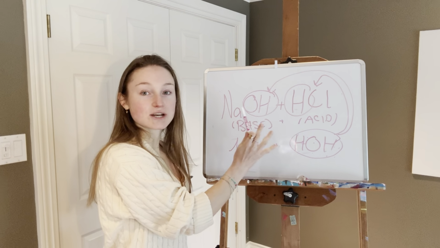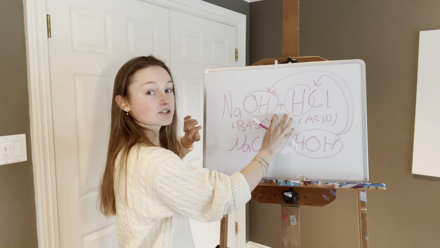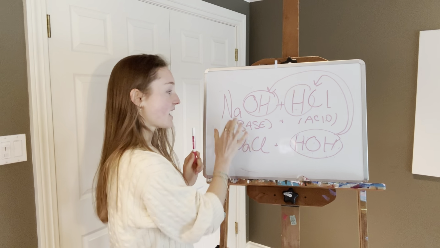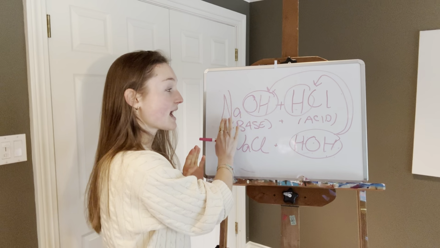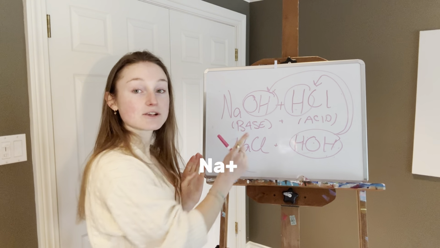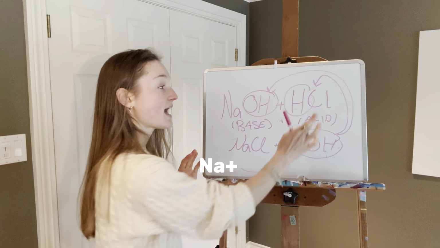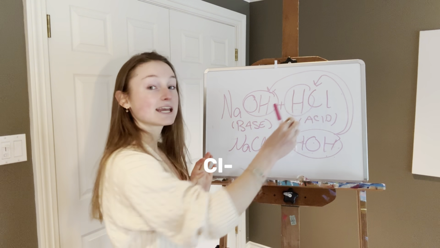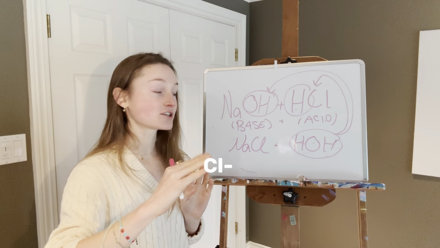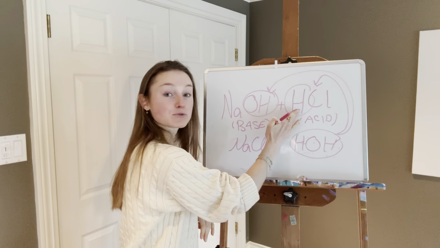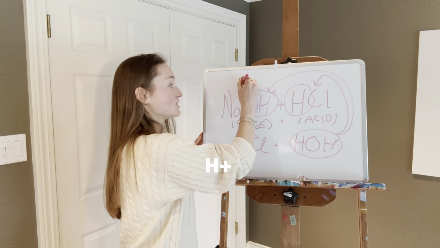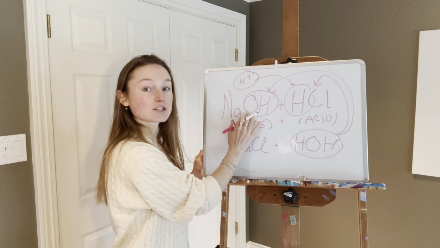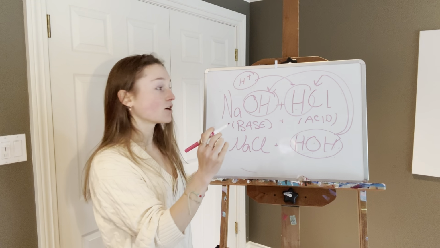When this reaction happens, the H and the OH come together, and the Na and the Cl come together. And that is because the Na, sodium, carries a positive charge, and the Cl, chlorine, carries a negative charge. Likewise, the free proton here, well, we already said that a free proton is H plus, and this OH minus is a hydroxide ion.